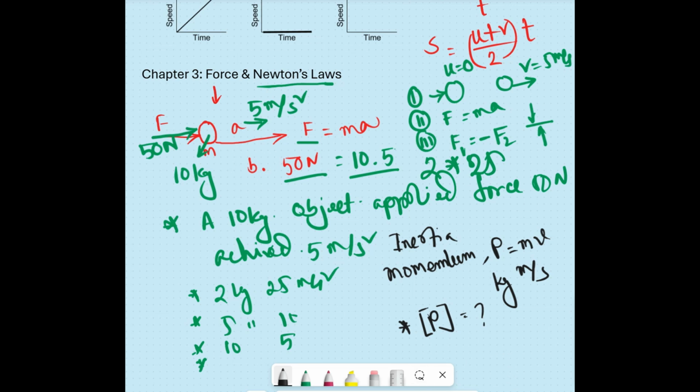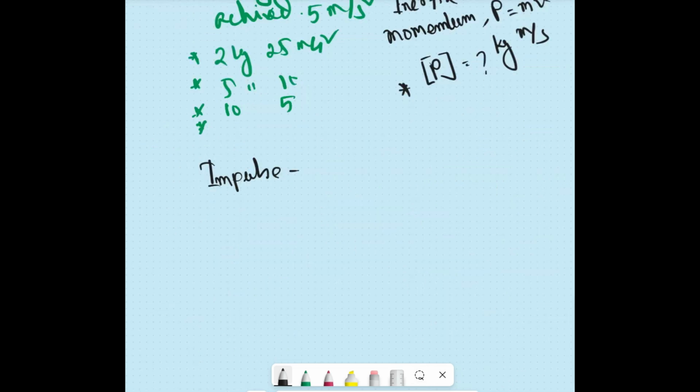Afterward, another topic is impulse. So impulse is denoted J and is equal to change in momentum.